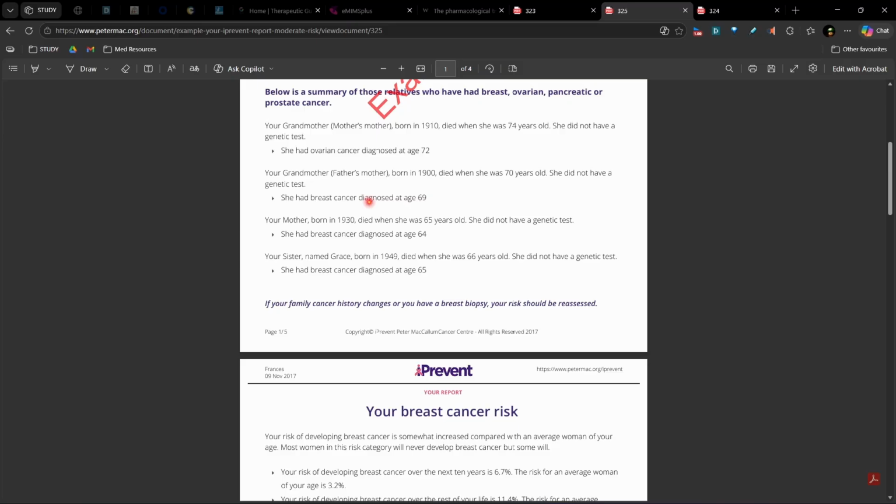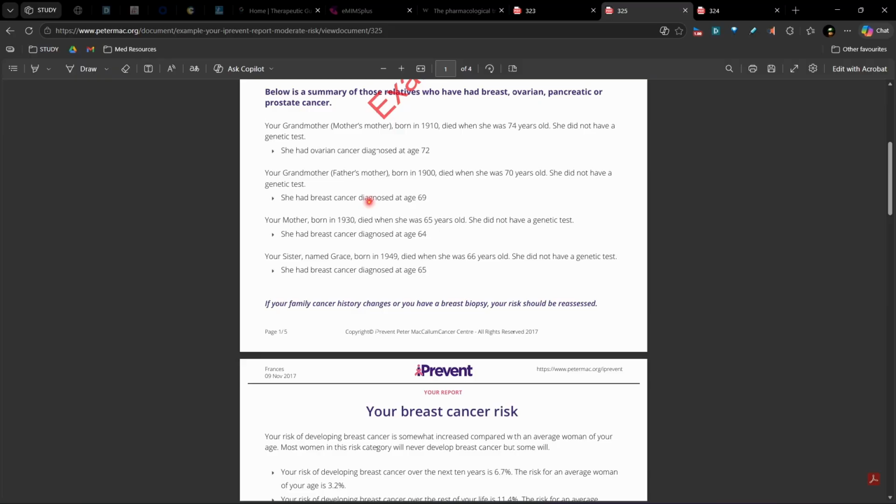However, none of them meet the additional criteria for putting her at the high risk. So she doesn't have a breast and ovarian cancer in the same woman. There is no family member who is male with breast cancer. There isn't any family history of breast cancer bilaterally. There's no history of breast cancer under 40.